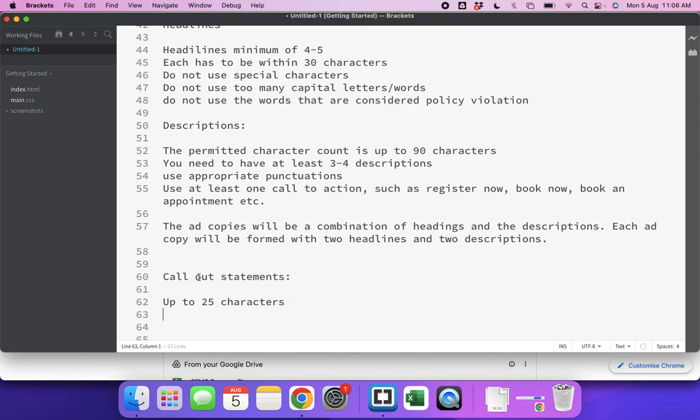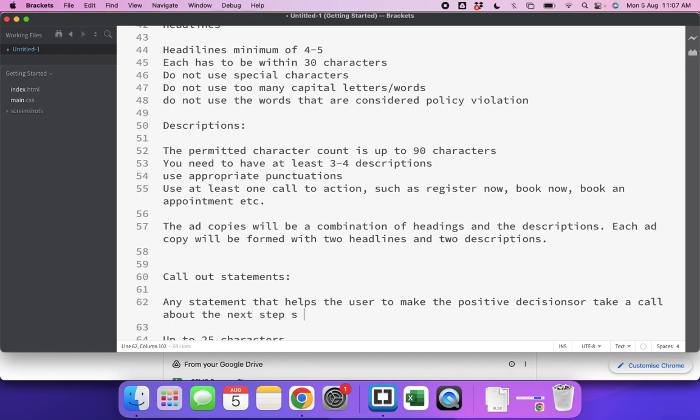Any statement that helps the user to make the positive decision or take a call about the next step is a call out statement.